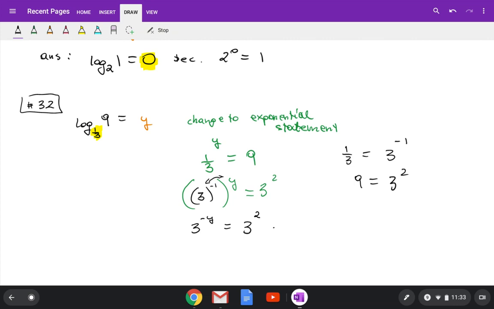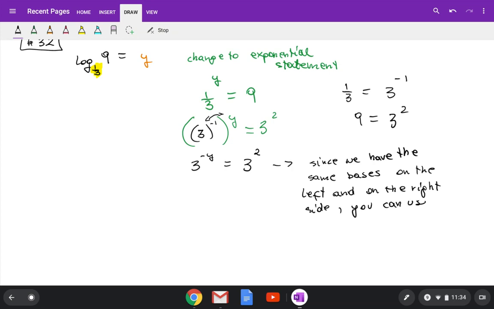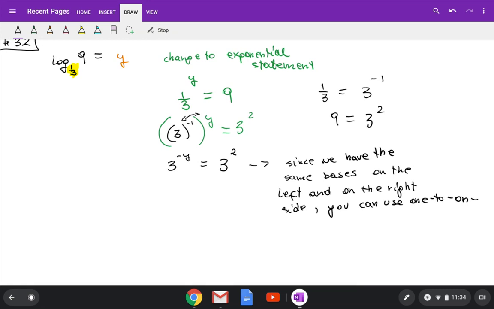Okay, so now, since we have the same basis on the left and on the right side, you can always use one-to-one property.